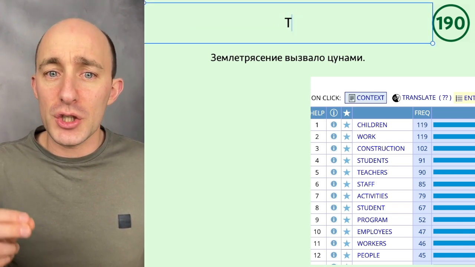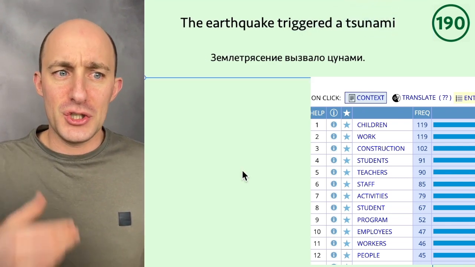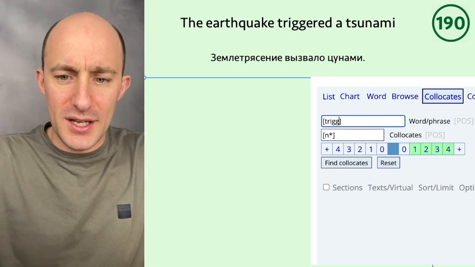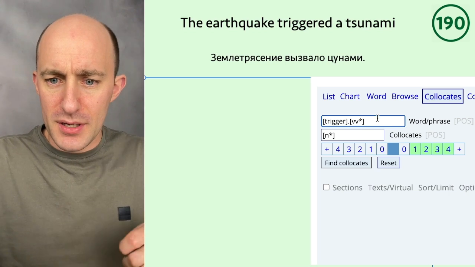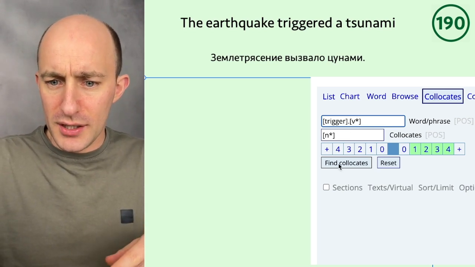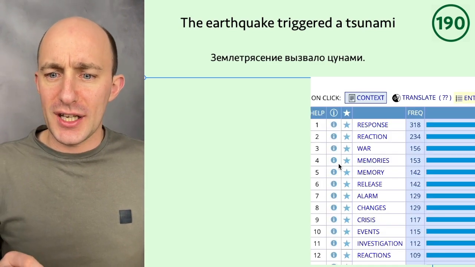The earthquake triggered a tsunami. To trigger something. And if we put in here trigger verb, and then collocates, we can see what other things get triggered.